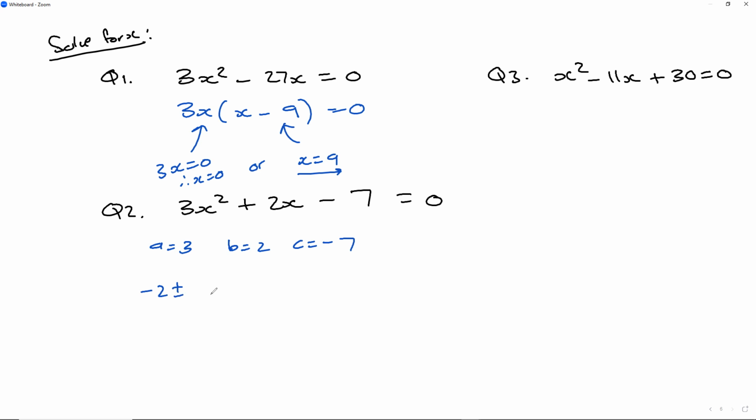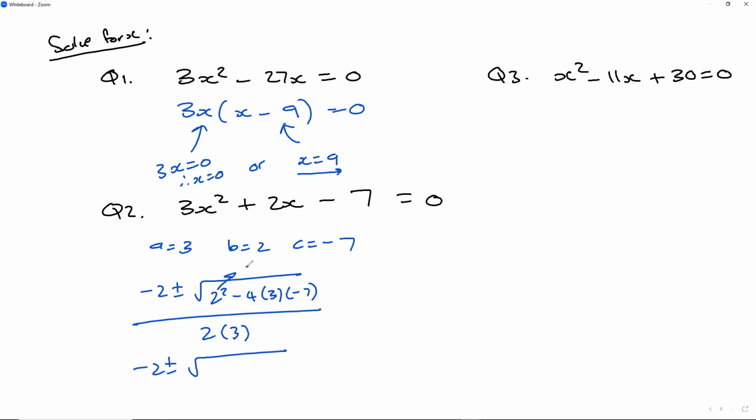So minus 2 plus minus the square root of 2 squared minus 4 times 3 times negative 7, over 2 times 3. That becomes negative 2 plus minus the square root of 4, 4 times 3 is 12, 12 times 7 is 84, and 84 plus 4 is 88, over 6.